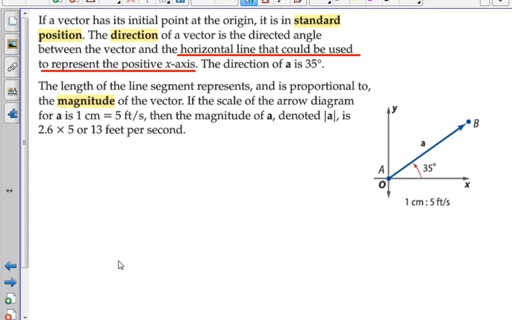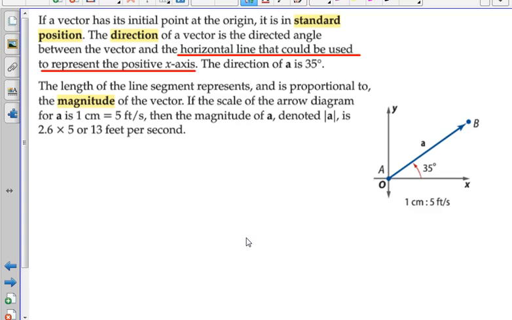If a vector has its initial position at the origin, we say it's in standard position, and the direction of the vector is a directed angle between the vector and the horizontal line used to represent the positive x-axis. So this one shown, the direction is 35 degrees. The magnitude is the length of the vector. The book actually assigns a bunch of problems where you have to draw things to scale, okay?